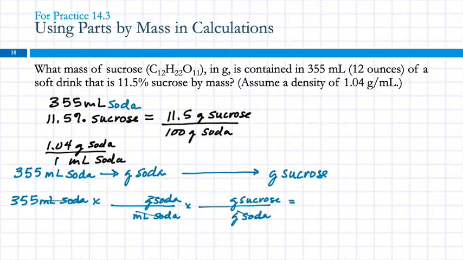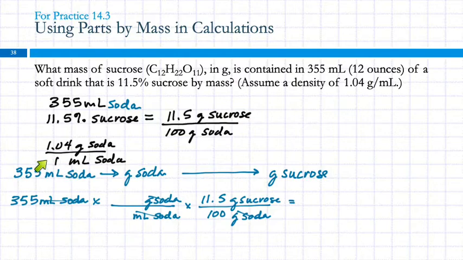Once I get all the units in place, then I can look for the numbers. Here where I have grams of sucrose and grams of soda, that's this one. 11.5 grams of sucrose. Grams of sucrose is on the top, so the 11.5 goes on the top. 100 grams of soda goes on the other side of the line.